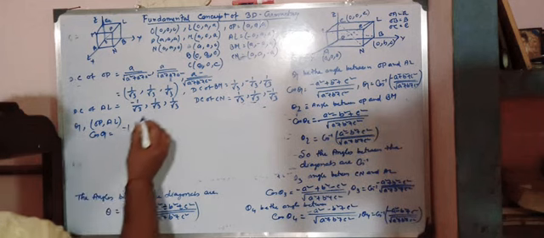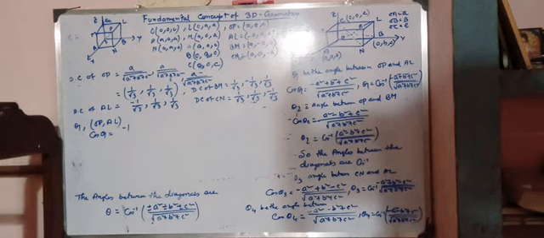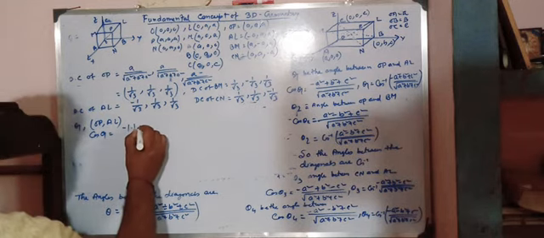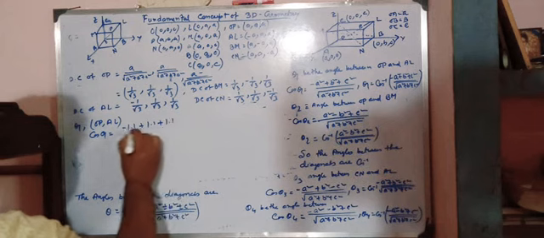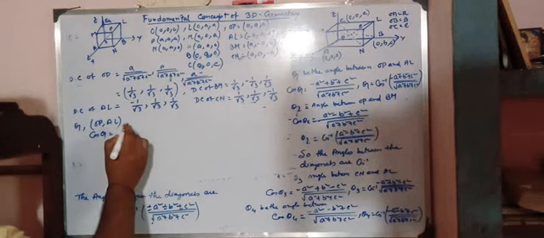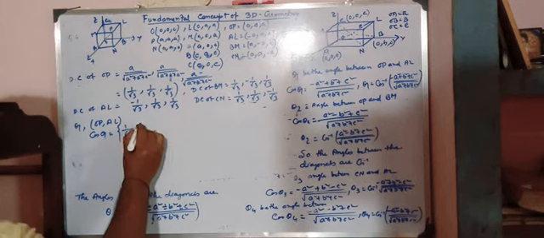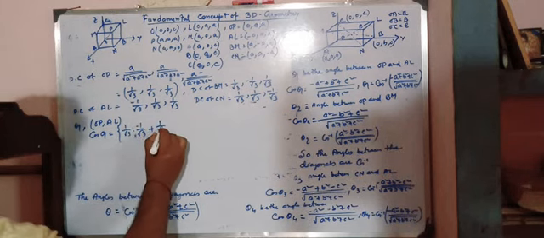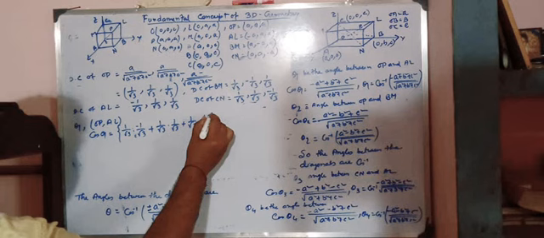It is minus 1 by root 3 into 1 by root 3 plus 1 by root 3 into 1 by root 3 plus 1 by root 3 into 1 by root 3.